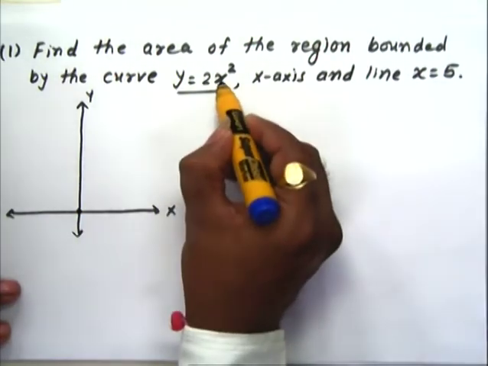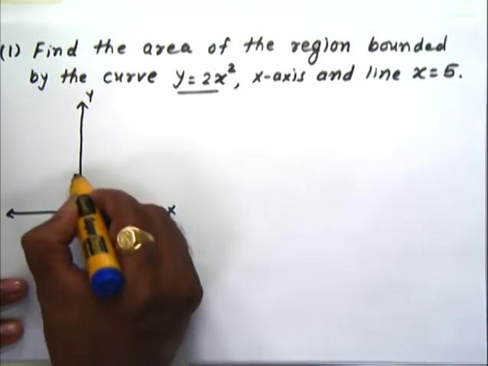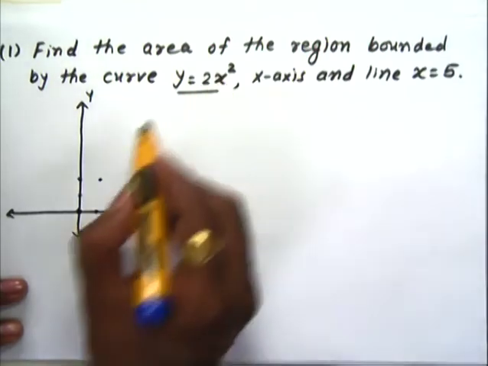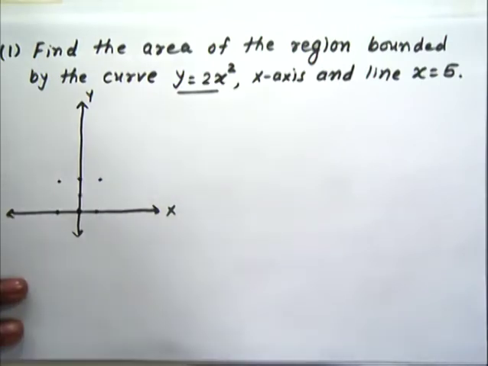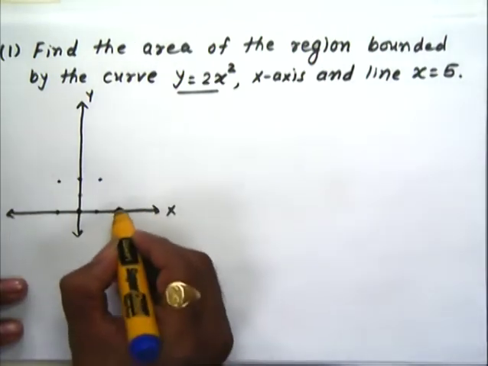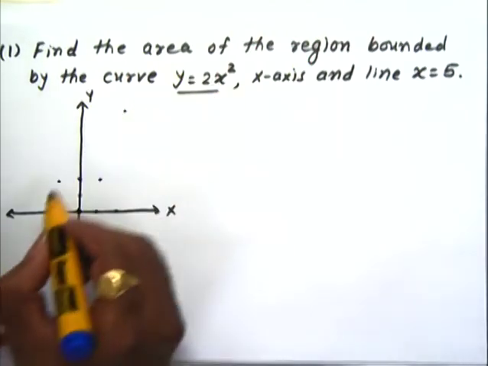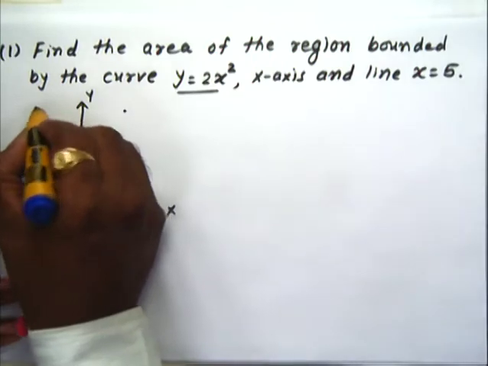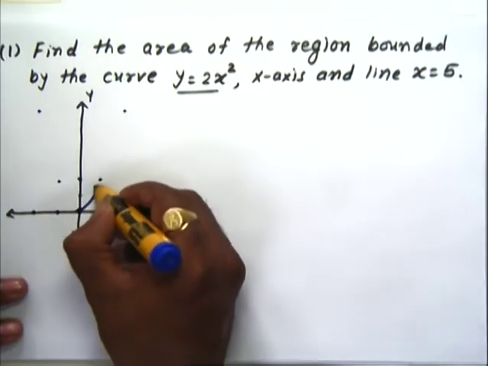Now if you take x equal to 1, then you will get y equal to 2, this point. If you take x equal to minus 1, then you also get y equal to 2. If you take x equal to 2, then y equal to 8. If you take x equal to minus 2, then also you will get y equal to 8. So this is the parabola like this.